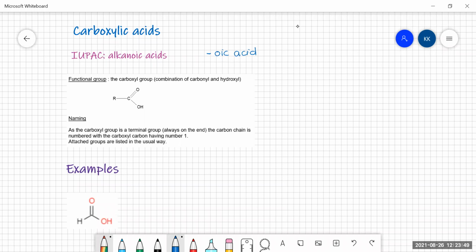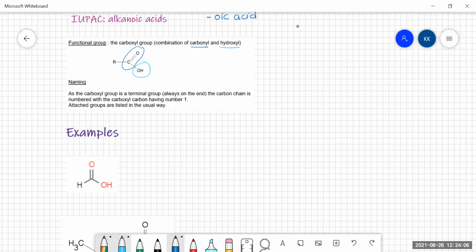The functional group present is the carboxyl group, and it's called the carboxyl group because it's a combination of the carbonyl group, which we see here, and the hydroxyl group, which we see here. The carboxylic acid group is a terminal group, and we saw in the aldehydes that a terminal group always has the number 1.